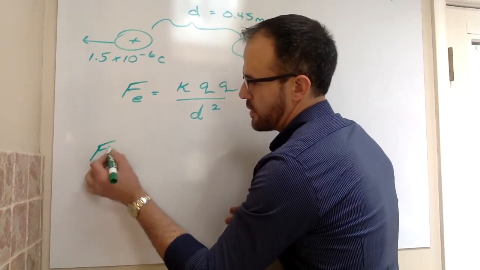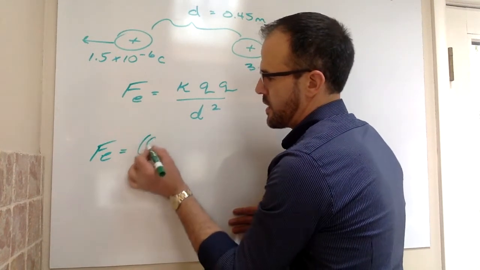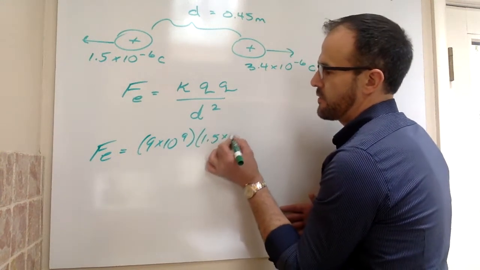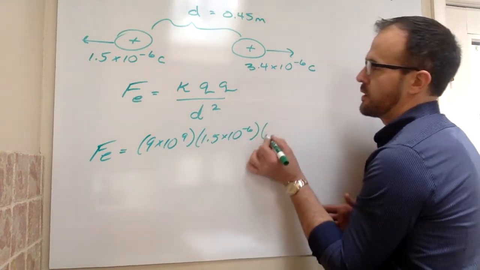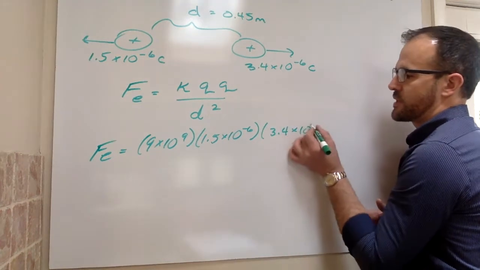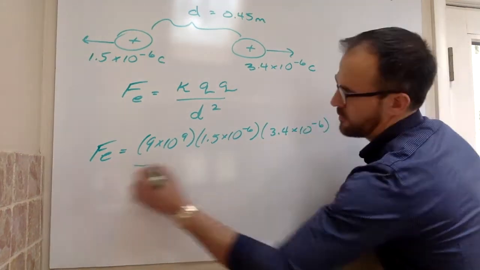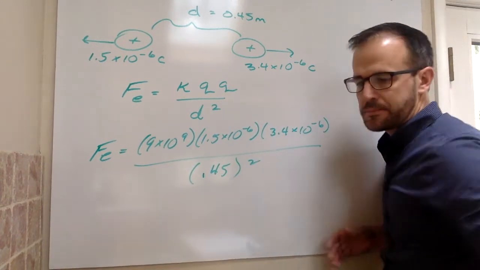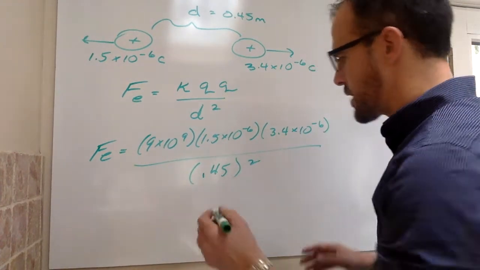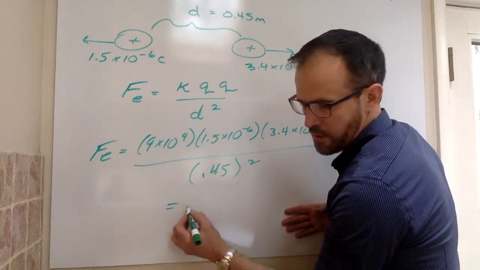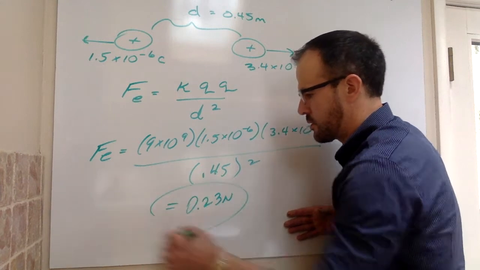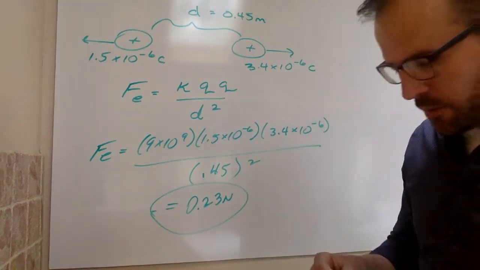So we got the electrostatic force is 9 times 10 to the 9th times 1.5 times 10 to the negative 6th times 3.4 times 10 to the negative 6th divided by 0.45 squared. If you solve that down, you should get a small force, 0.23 newtons, and that would be the force between them.